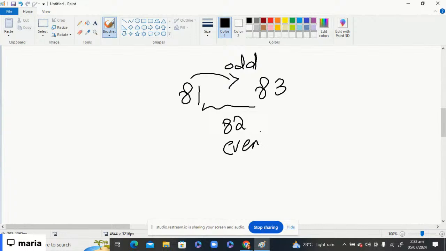And if I ask what is the odd number before 81, you can write it down. This one is 80, not that, because this is even, so it means it's 79. So 80 is even, and 79 is an odd number.